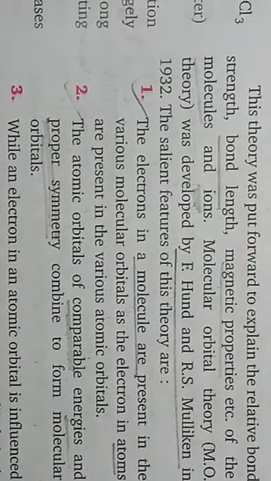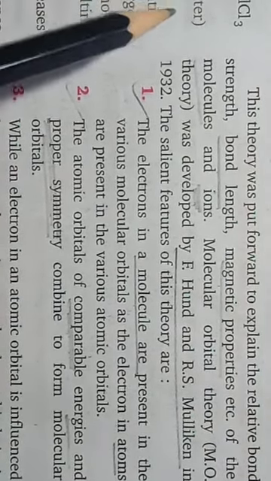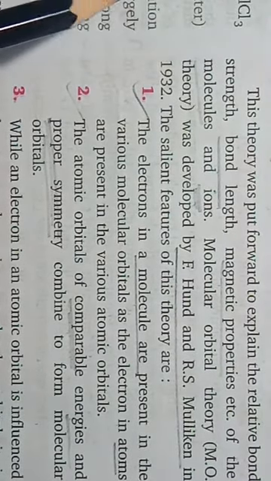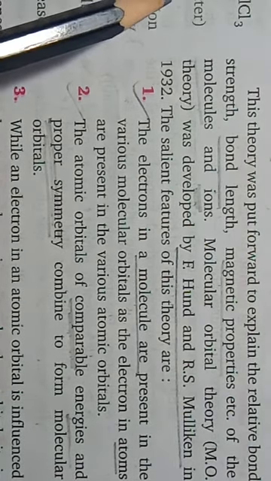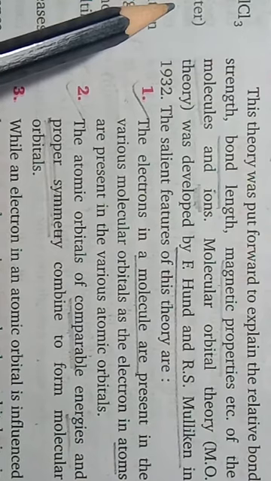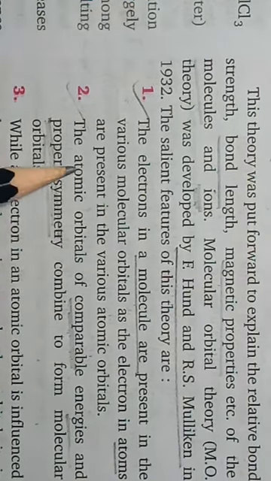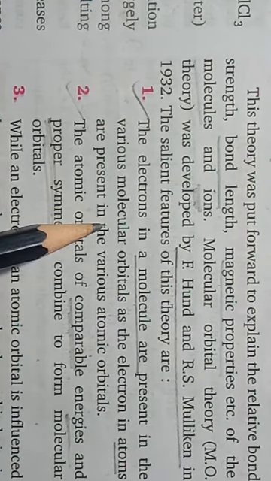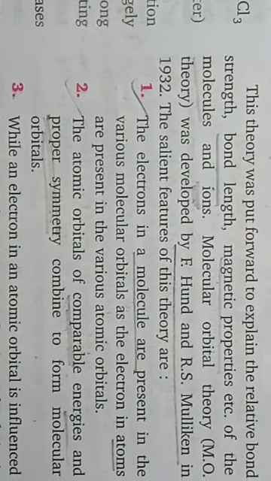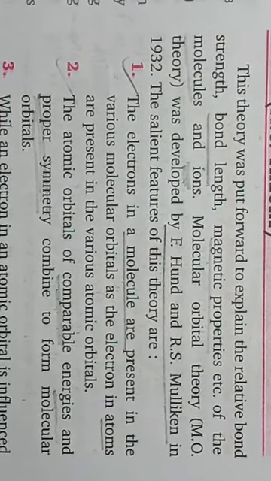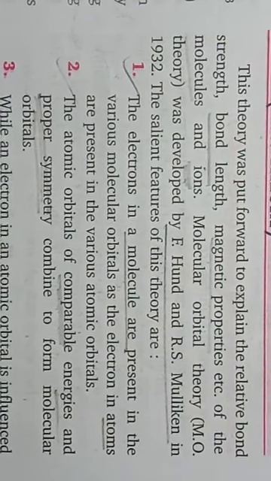As we all know, atoms are having their electrons in orbitals, and those orbitals are known as atomic orbitals. Just the same way, molecules are having their electrons in molecular orbitals.